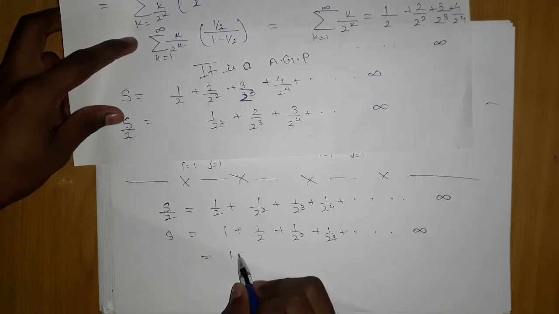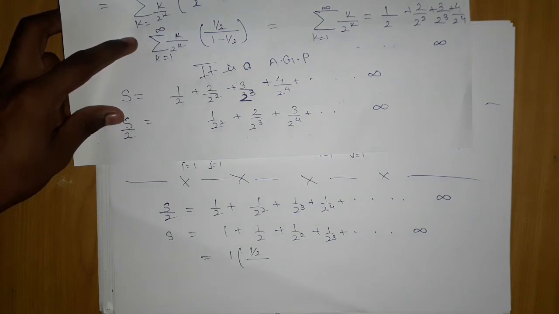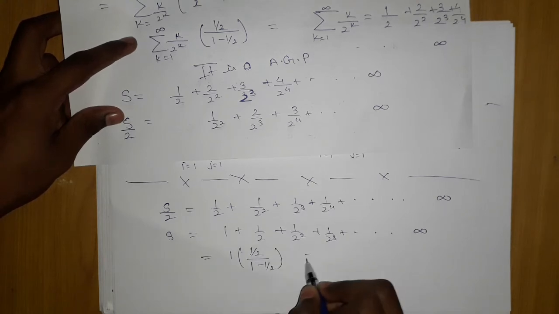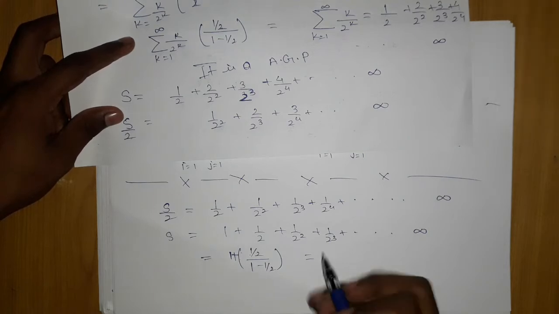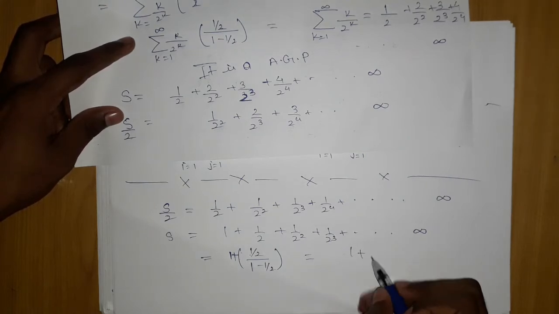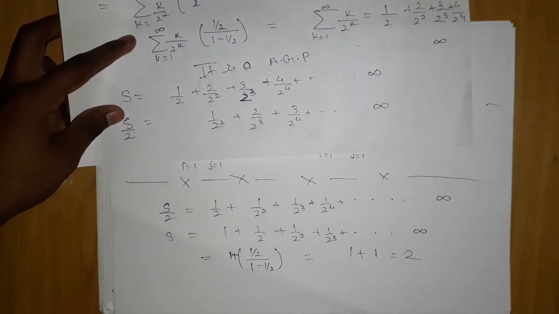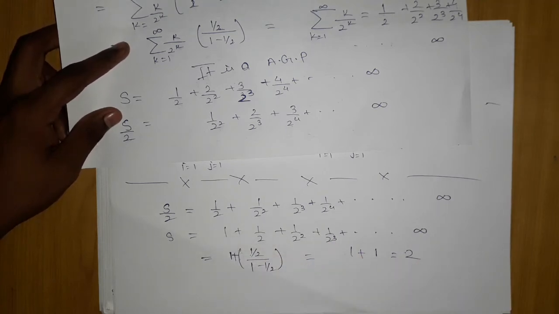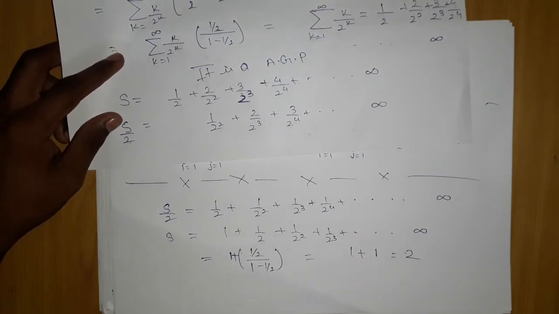Yes, it is 1 by 2 upon 1 minus 1 by 2, plus 1, which ends up giving me 2. You can take it from here also, it doesn't matter. So we are done with this problem. If you have taken it from here, it would have become 1, so the 2 will move up. So 2 will be the answer.